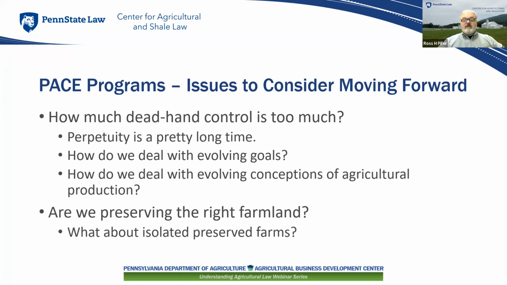As we consider the applications and the criteria for them, we should be making sure that we're preserving the right farmland. Since we're doing this for the long haul, we really need to make sure that the land being preserved is the right farmland.